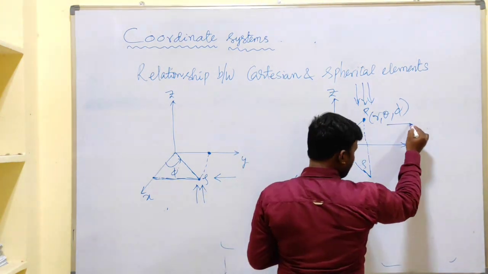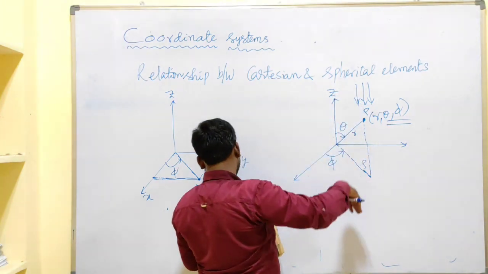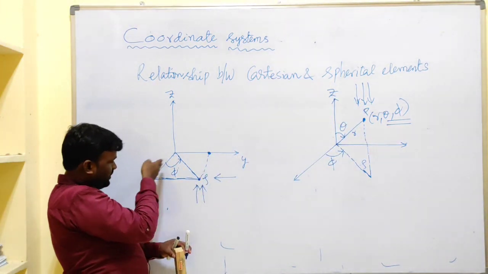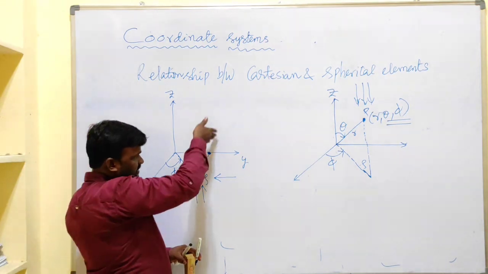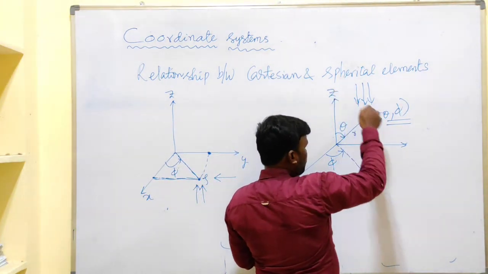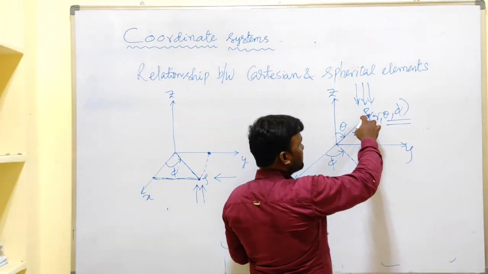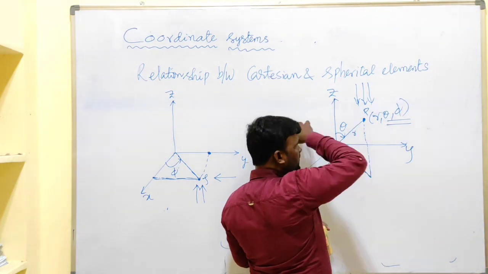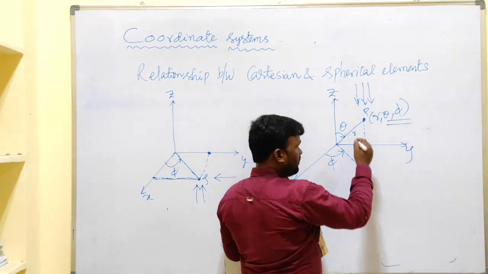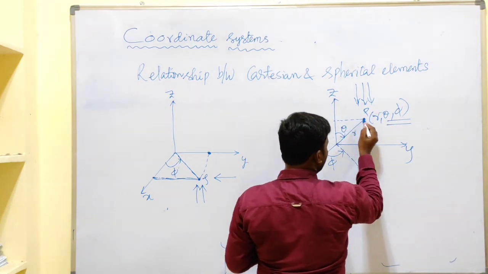Here is the y axis, here the x axis. The point is here. It may be projected on this side or in this direction. This r component is projected on the z axis like this.